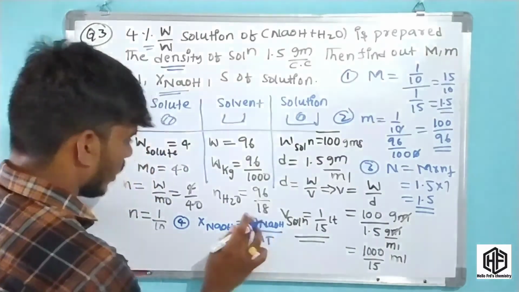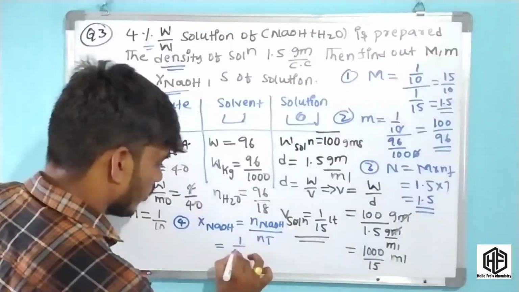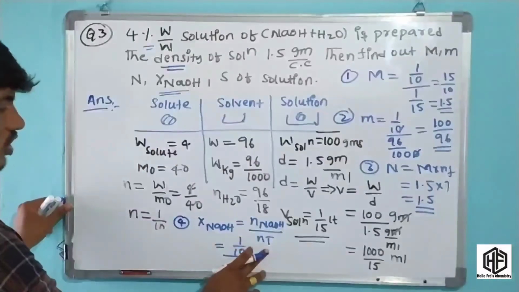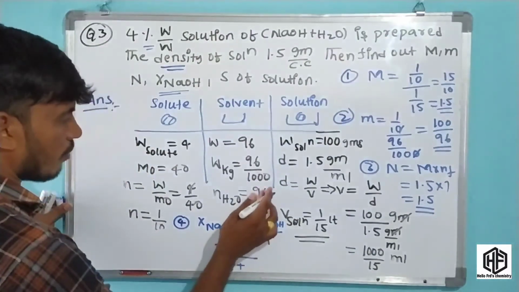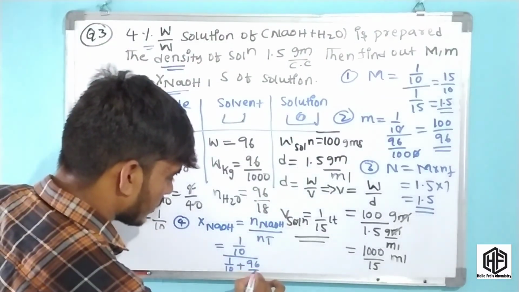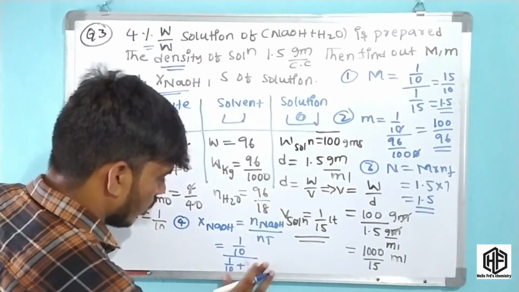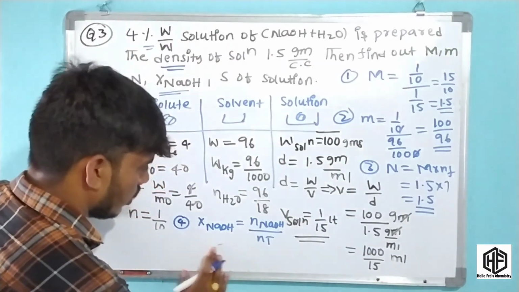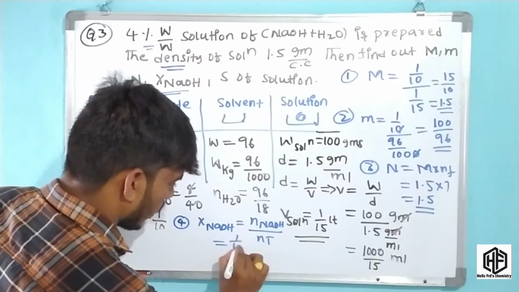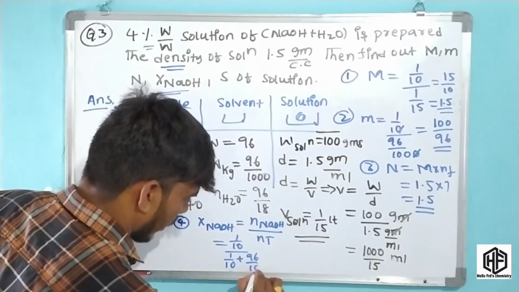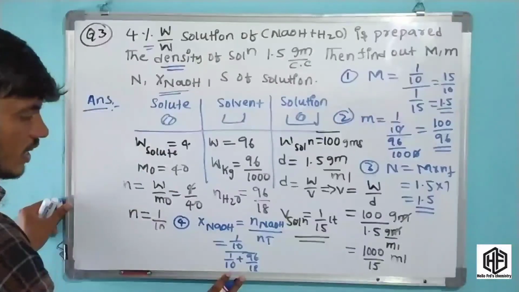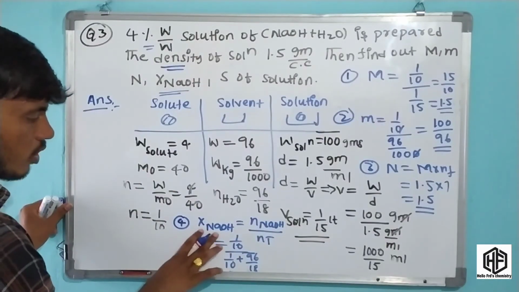The number of moles of NaOH is 1 by 10. The total number of moles is the number of moles of solute plus the number of moles of solvent, which is 1 by 10 plus 96 by 18. Now we have to calculate this term.